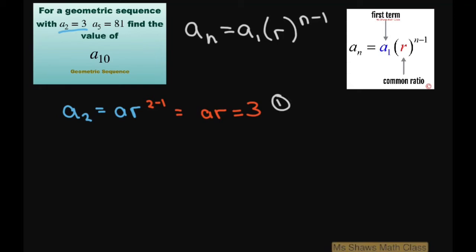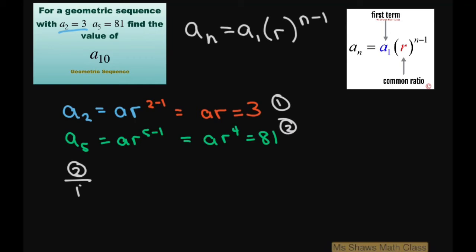For the fifth term, we have A sub 5 equals A times R to the power of 5 minus 1. That means this equals A R to the power of 4, and this equals 81. Now to solve for R, I want to take our second equation and divide it by our first one.